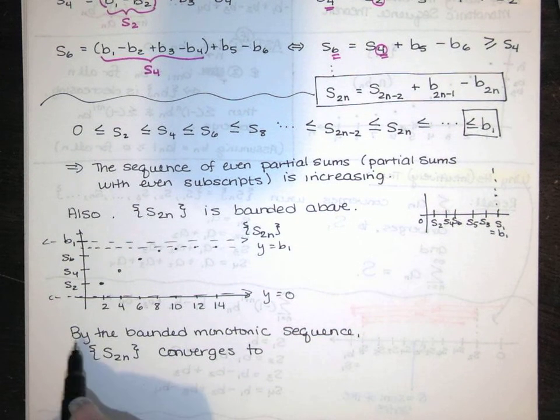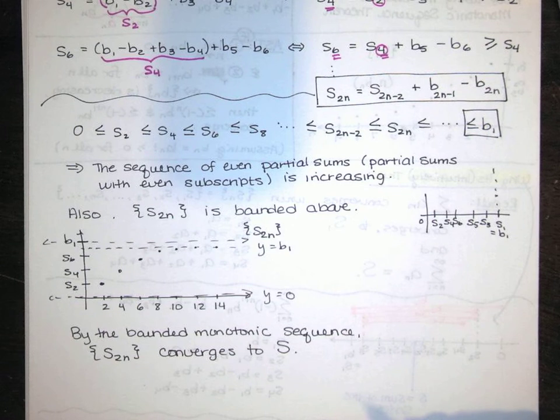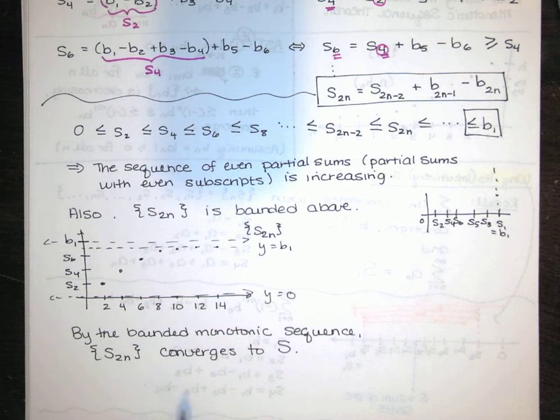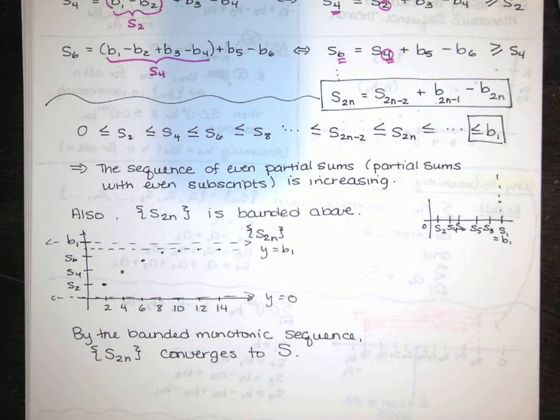So by the bounded monotonic sequence theorem, since this is a bounded sequence and it's increasing, it converges to some number. We're going to call that number S. Okay, so we've got half of them. We have proven that half of the terms of our partial sums are converging to some number S.